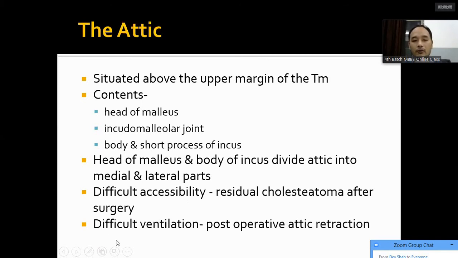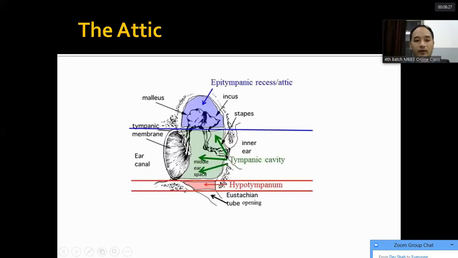And also the ventilation of the attic is very narrowly provided, so after the surgery, due to the resorption of the air inside the attic and the stoppage in the ventilation, there might be retraction of the attic and disease might develop. So this area is called the attic, the attic of the middle ear, also called epitympanum. The head of the Malleus, body of the Incus, and short process occupy most of the area, a poorly ventilated area.